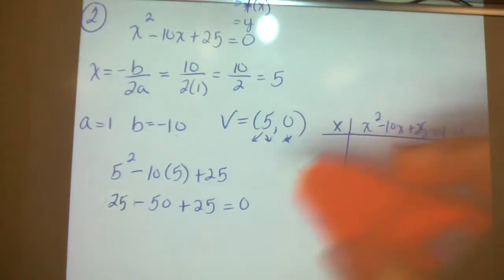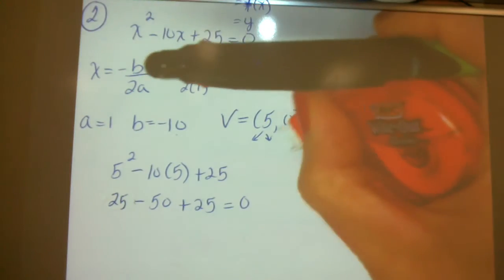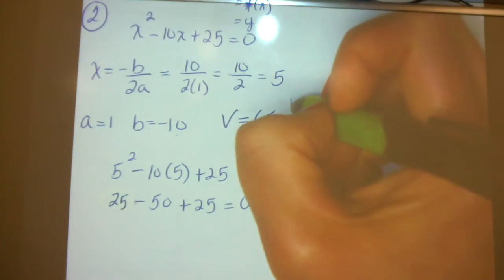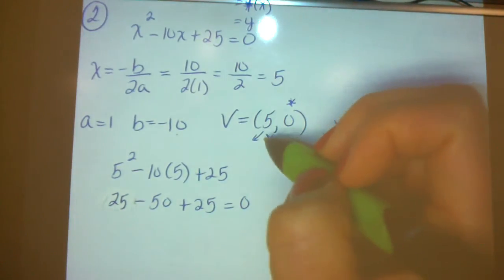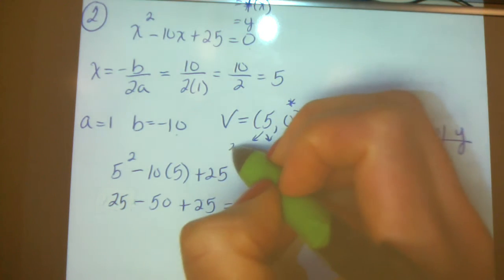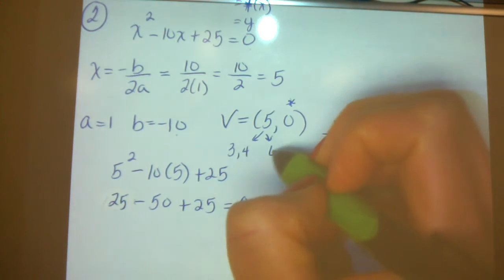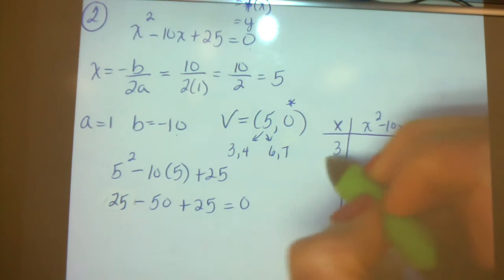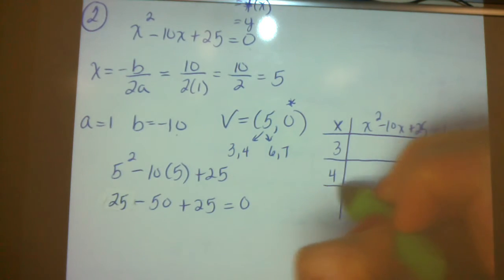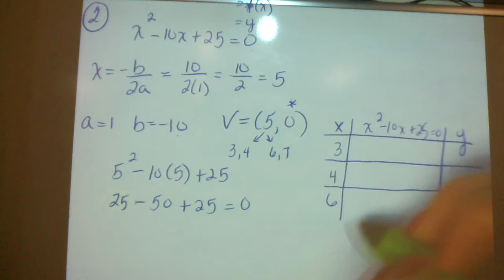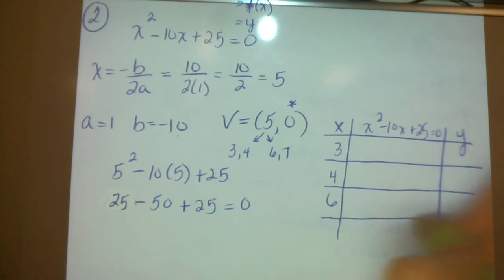Let's get rid of this star, we'll put it up above. Okay, 2 numbers that come before 5, 3 and 4, 2 numbers after 5, 6 and 7. So that's what I'm going to use in my table for x.